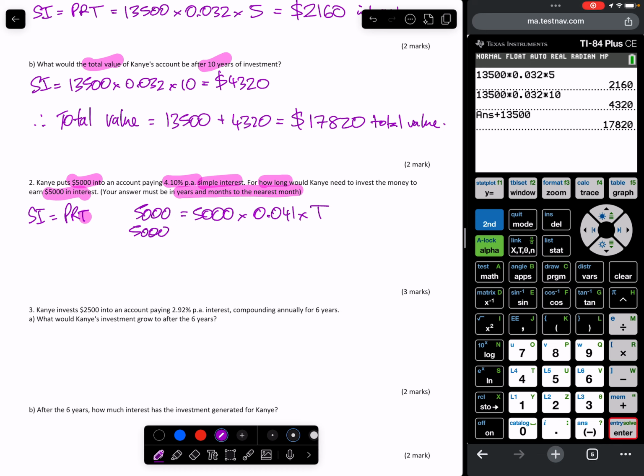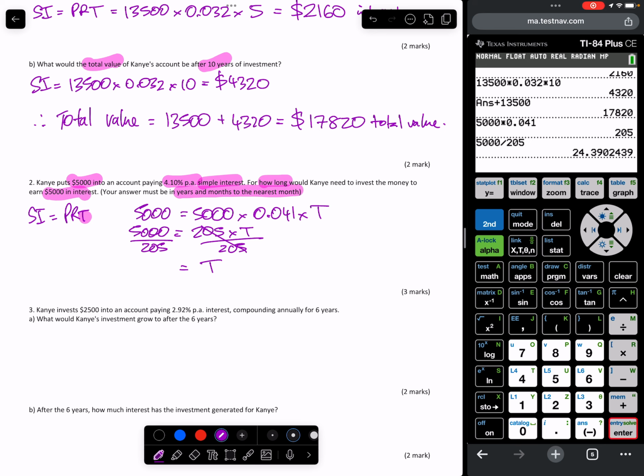There's nothing stopping me working out what 5,000 times 0.041 is: 205 times T. If I want to get T by itself, I divide by 205, but I have to do the same on both sides to cancel that out. So T is going to be 5,000 divided by 205. T is going to be 24.39. That's in years right now, to 2 decimal places.